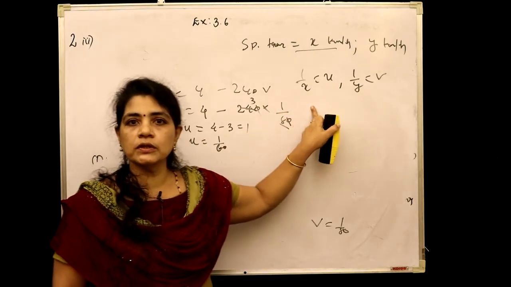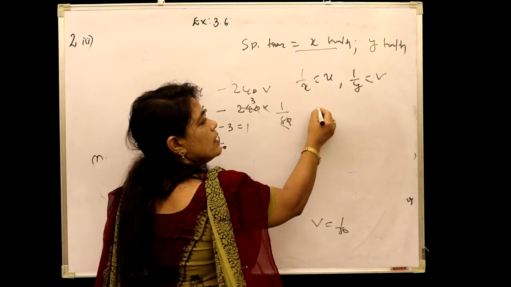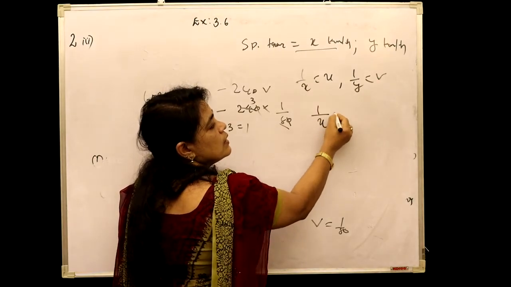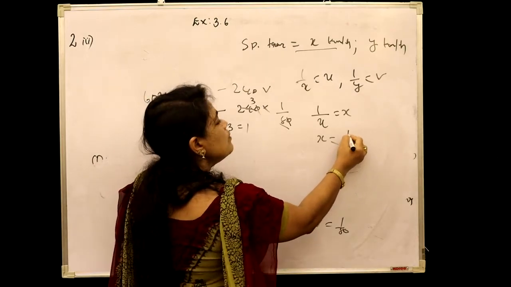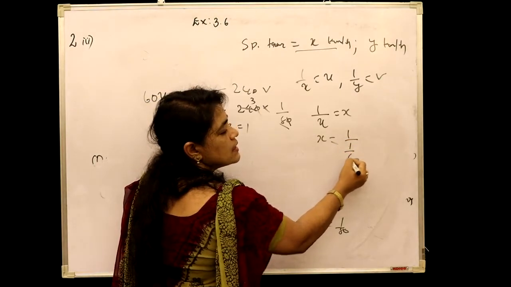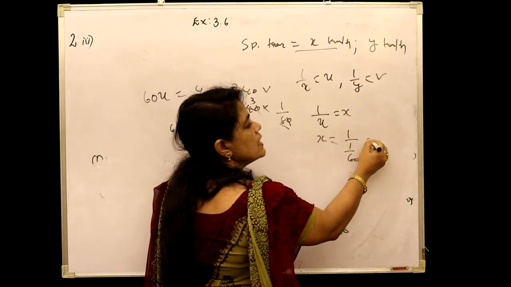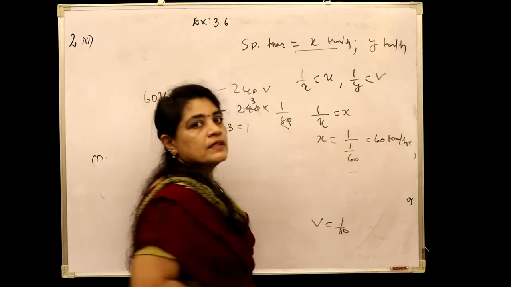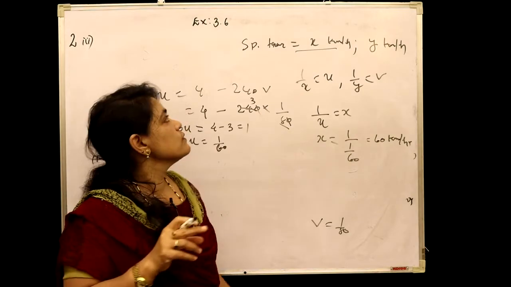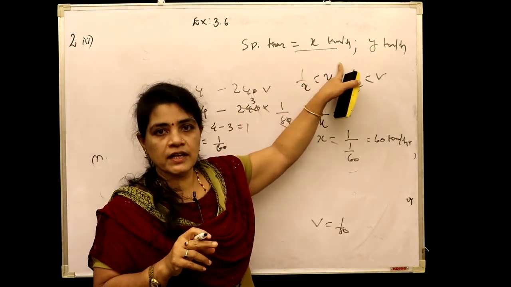Then resubstitute. That is 1 by u is equal to x, so x is equal to the reciprocal of 1 by 60, that is 60 kilometers per hour. That is the speed of the train. That is how we have taken the speed of the train.